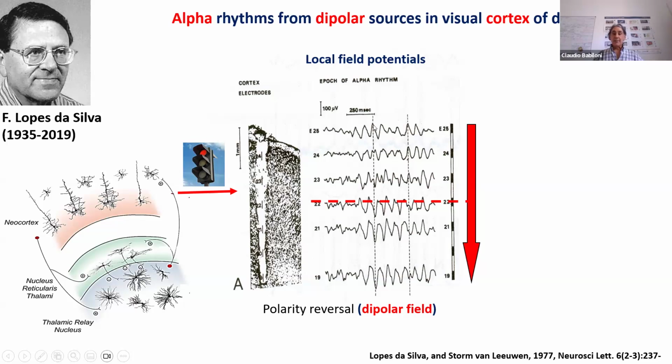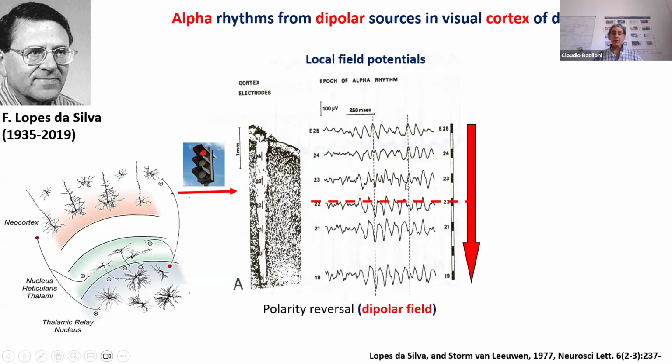And you see that the upper peaks in the surface layers are strictly related to the lower peaks in the lower cortical layers. So there is an opposite polarity of EEG activity in the surface and in the deep of the cerebral cortex.